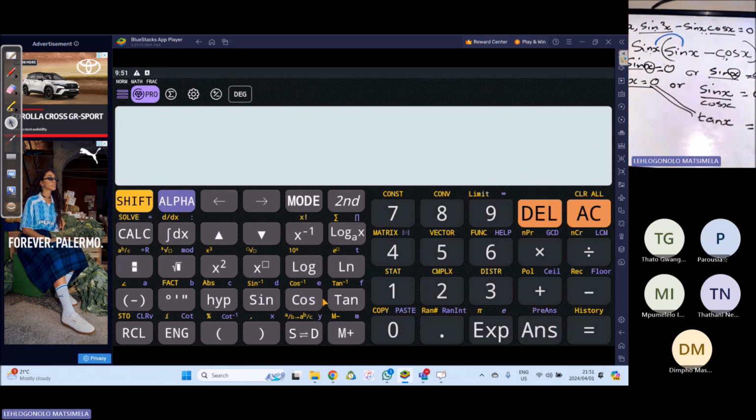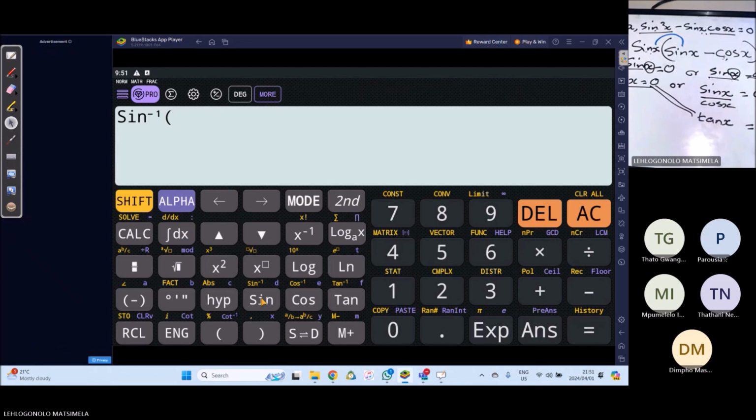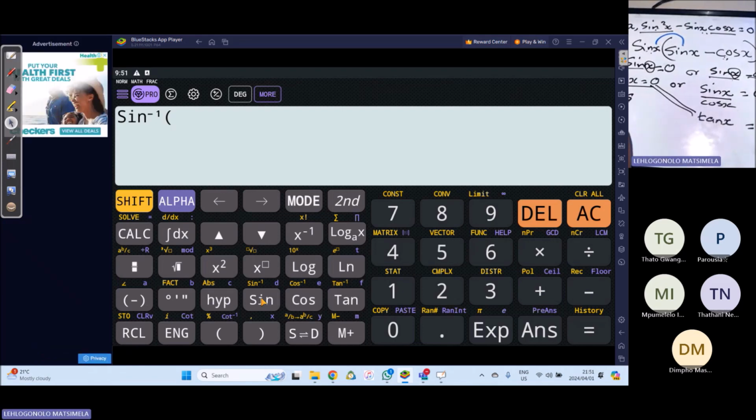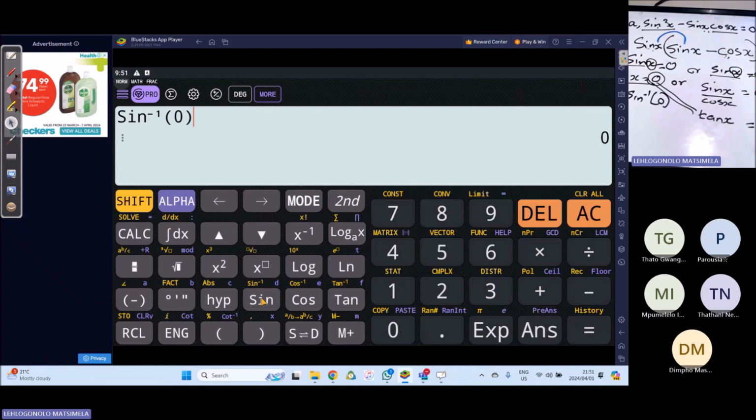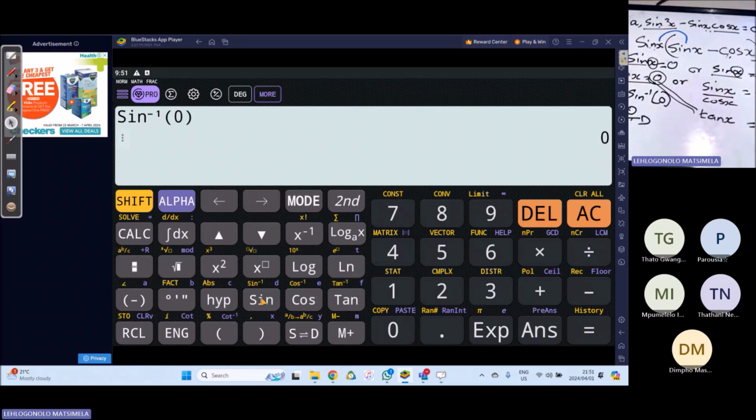I will press shift on my calculator, and then I will press sine. Then I will put the value, the remaining x, and I'll have shift sine, the inverse, and then in the bracket I will put 0. I'll close the bracket, then I'll press equals. Which means now the value of x equals 0. So 0 as it is, I stay there for now.